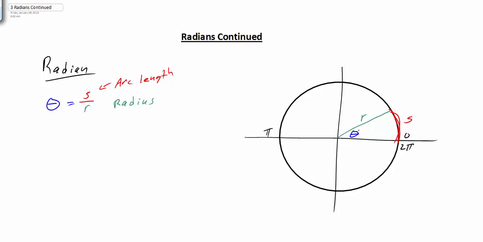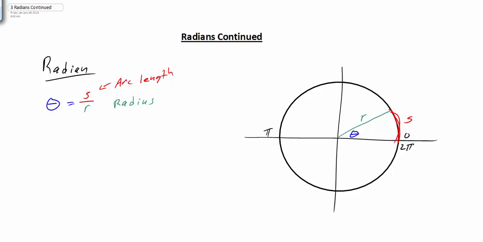The way we define this, if we take the arc length and divide it by the radius, that's going to give us the angle in radians. Whereas we can measure the angle in degrees, such as 10, 15, 30, or 40 degrees, in order to find the radian, it is simply taking this arc length divided by the radius of the circle.